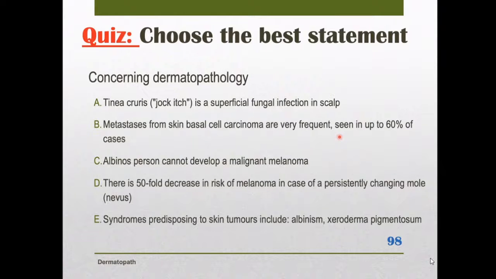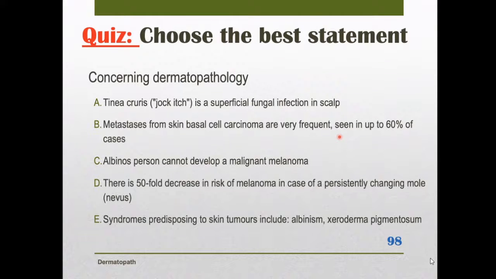That's why they call it jock itch. So that is tinea cruris. Otherwise, the second option or statement: metastasis from basal cell carcinoma are very frequently seen, up to 60% of cases. An albino person cannot develop a malignant melanoma.